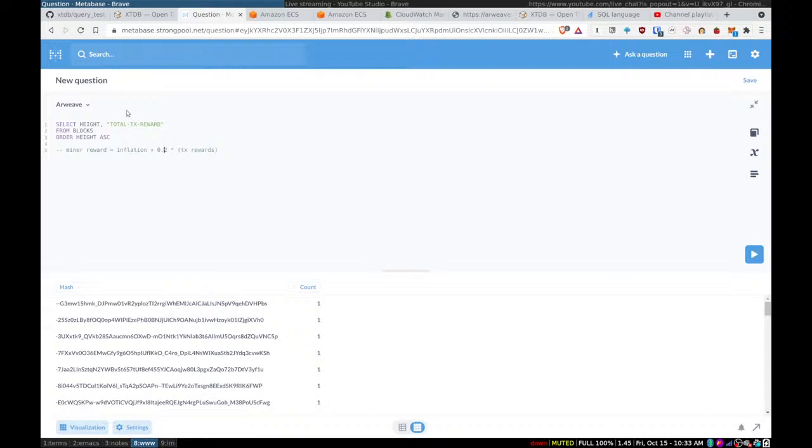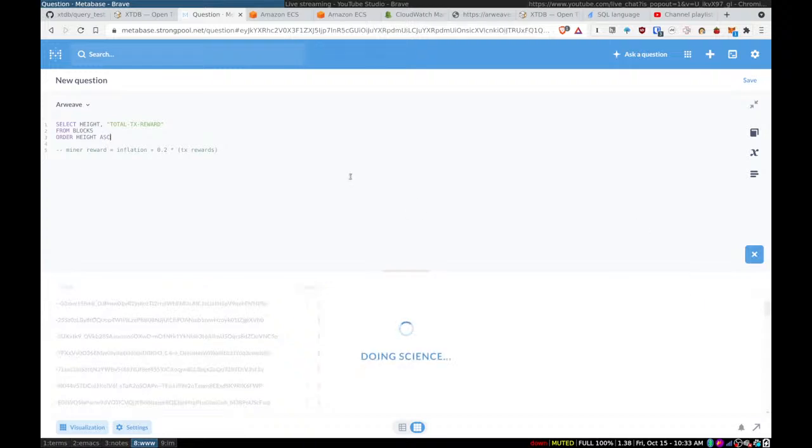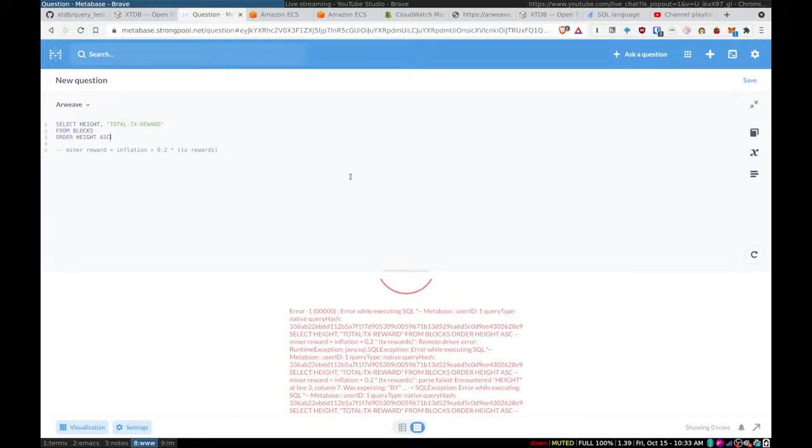Think of it as a measure of adoption to some degree, because if there's a lot of data going into Arweave, eventually the transaction rewards outpace the inflation. I think that would be a really good sign for the network. I'm in part making this database so I can keep track of that. Oh no, what does it say here?